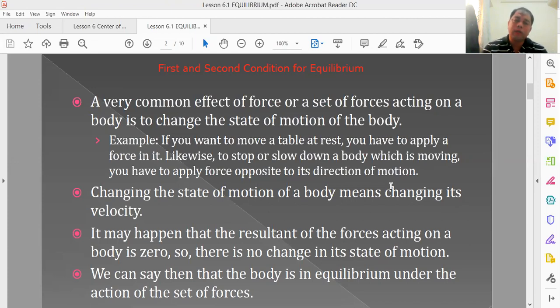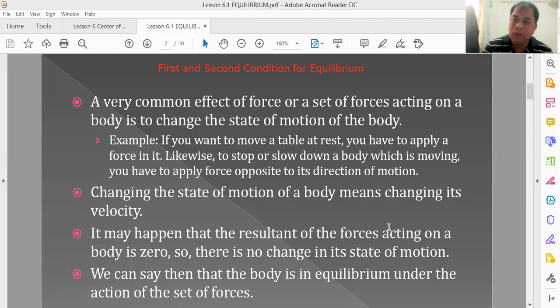If we apply forces on a body, and these forces add up together and still result in a net force of zero, then we will realize that what we achieved is a body that will remain in equilibrium, or a body that will remain at rest.